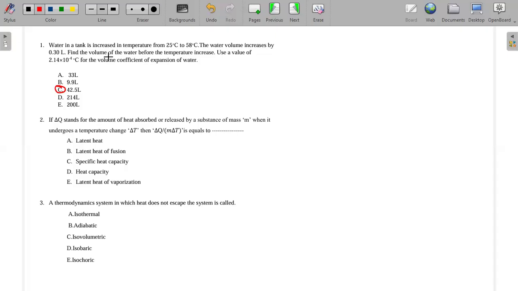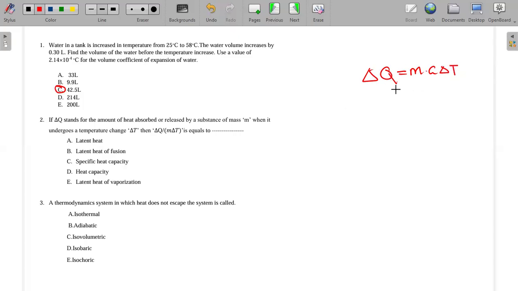So we have to remember the standard formula for calculating thermal energy that is absorbed when there is a change in temperature of a particular substance which has a given mass. We say change in Q is equal to mass multiplied by specific heat capacity multiplied by change in temperature.